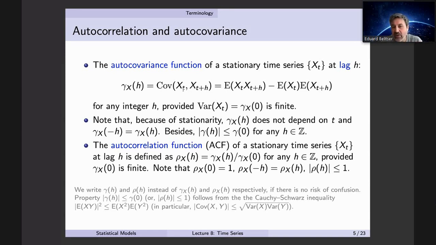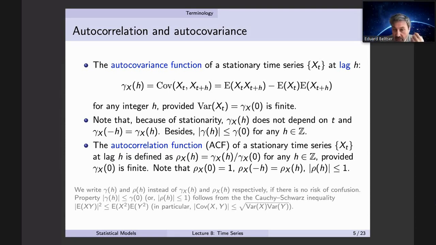What is the covariance between xt and xt plus h? You can call this time moment u, then the other time moment becomes u minus h. That's the covariance between u and u minus h, and that's gamma of minus h, and it must be the same. So therefore it must be symmetric.